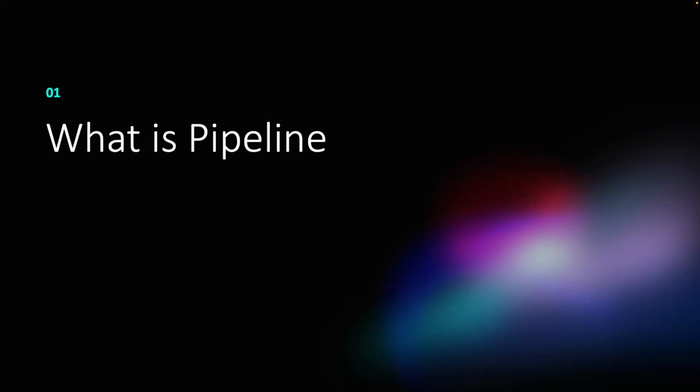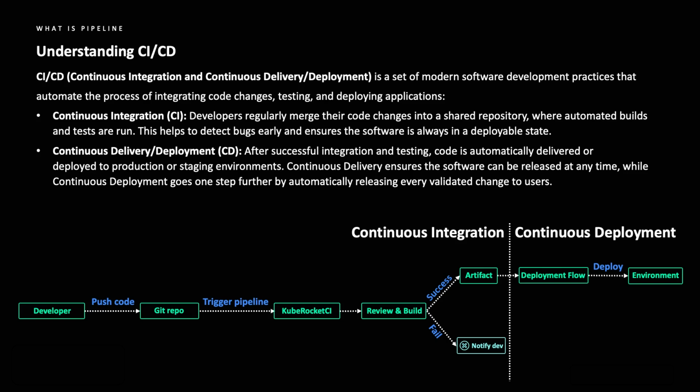So the first topic is about what a pipeline is. Before we explain pipelines, it is essential to understand what CI/CD means. CI/CD stands for Continuous Integration and Continuous Delivery or Deployment. It's the methodology that automates manual processes in order to speed up software development. In simple terms, continuous integration covers everything from the moment a developer makes changes in the code to building a ready-to-use artifact.